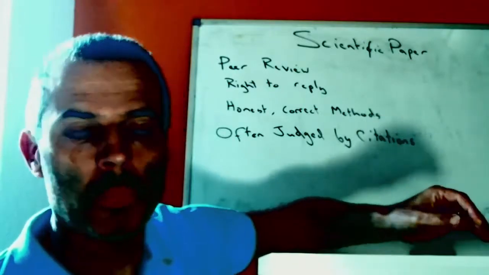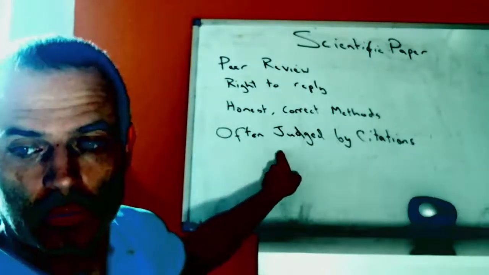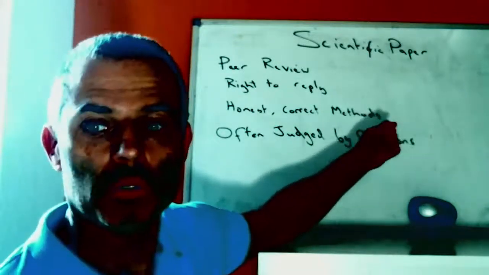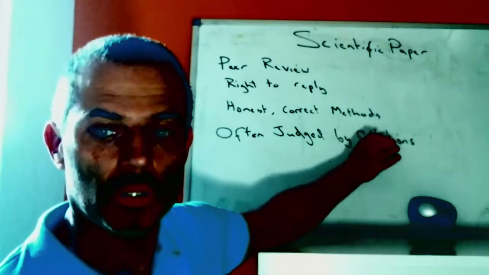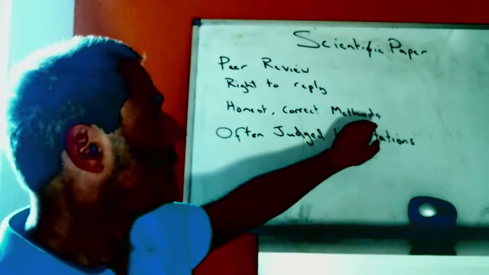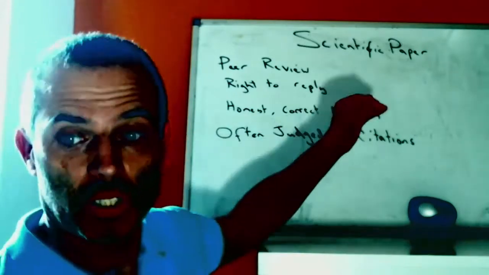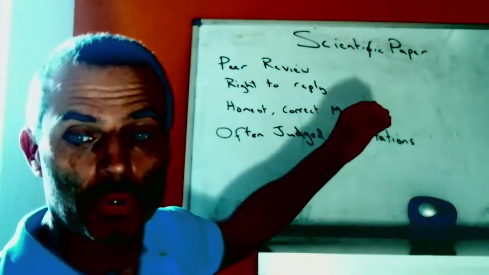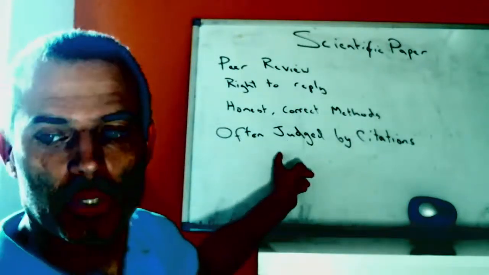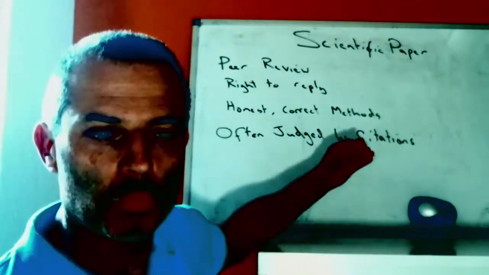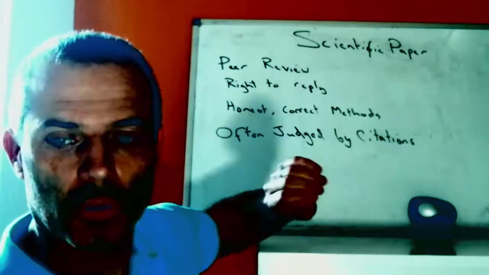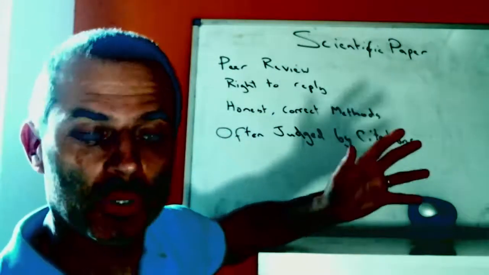And in the future, it is often judged by people citing it, which means saying, oh, this is a good paper, I've read it, and using it for new things, which is important because it shows that there has been plenty of right to reply, that people have actually read it and made their own judgment about it and decided that it's okay. If you write a paper and it is not cited at all, then it's a bad sign, because it means that it has not gone through this proper feedback loop, and it hasn't been tested properly.